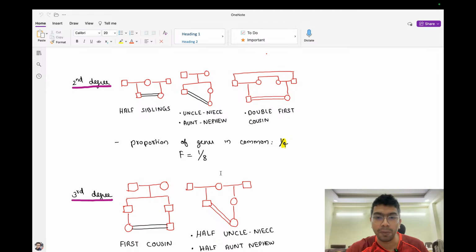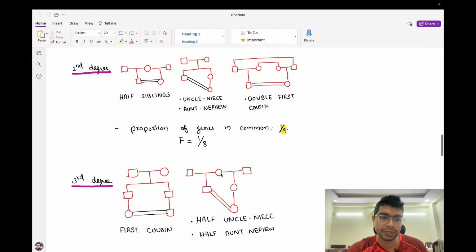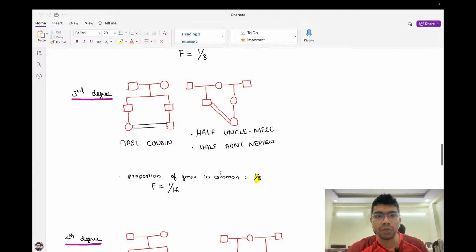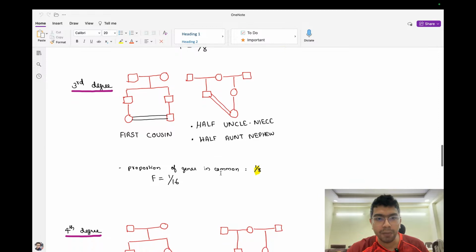Again, it is not very common in India, although it's still present. Let's move on to third degree. This is the most common consanguinity that we encounter in our population. This is the classical pedigree. That means first cousin marriage. So they have a common grandparent. And another possibility is the relation between half uncle and niece, or half aunt and nephew.